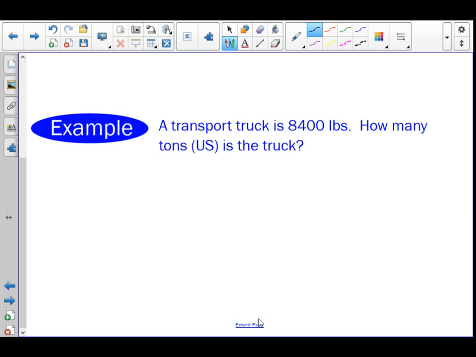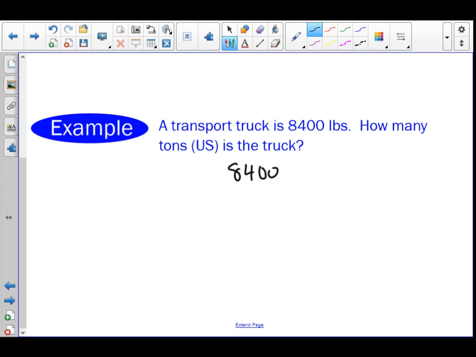So 1 ton is 2,000 pounds. If we can just eyeball it here, we can think that this is going to be somewhere in the neighborhood of 4 tons. So let's figure out exactly how many tons it's going to be. 4 tons would be an estimate. It's going to be more than 4 tons.